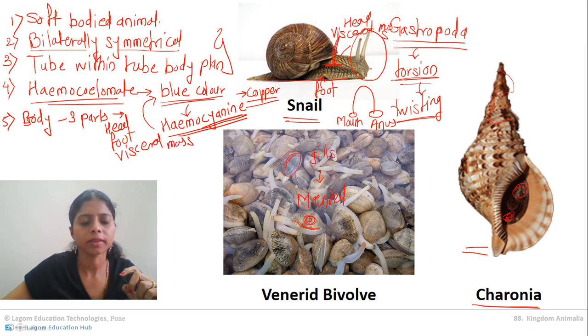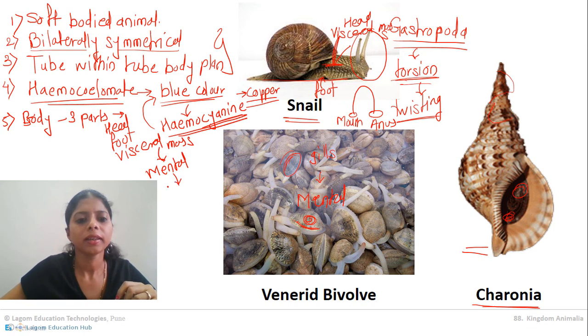Now this visceral mass secretes the mantle, and inside the mantle gills are located, and the mantle secretes the covering, that is the shell, the body shell.